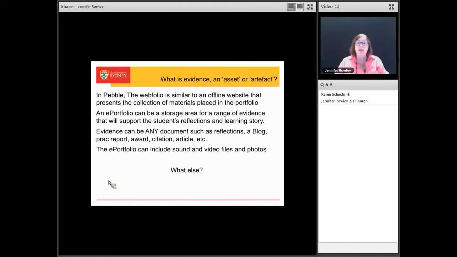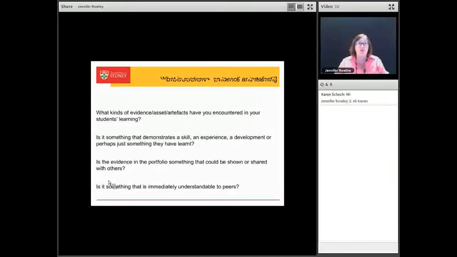Think about the evidence that you've encountered in your students' learning, and whether they're just trying to demonstrate a skill or whether they're actually showing you some real development. When you plan your ePortfolio tasks, try and encourage them to think about whether it's something that belongs to them privately or something that can be shared with others in a public space.